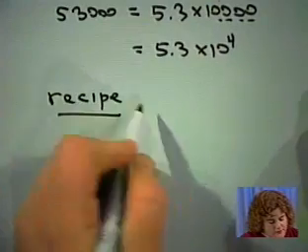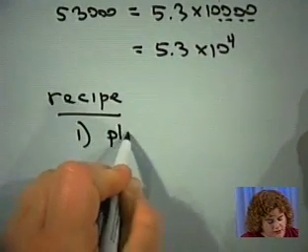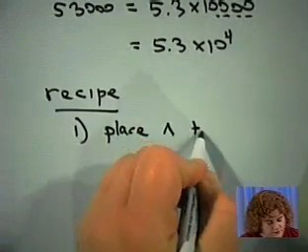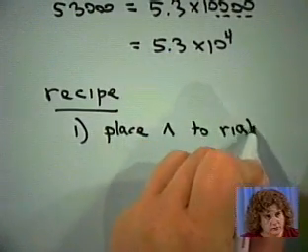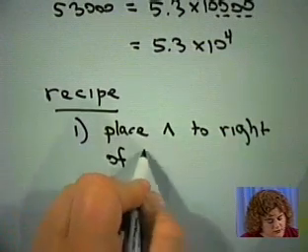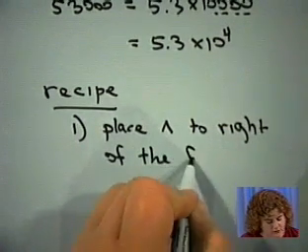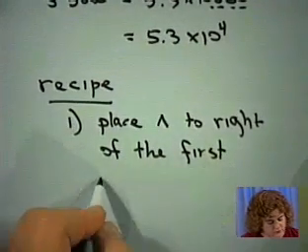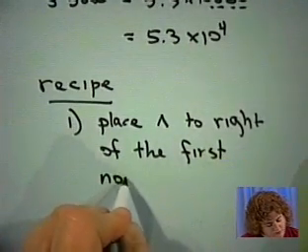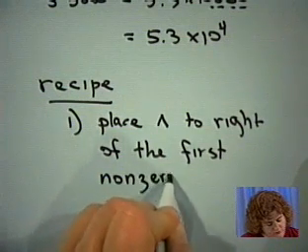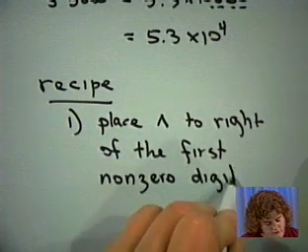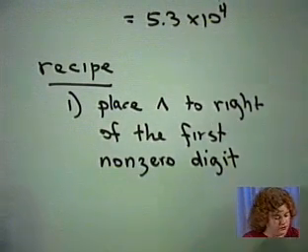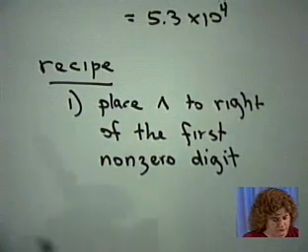Our recipe is going to be, first of all, to place a caret to the right of the first non-zero digit we see. So the first digit that's not 0. So looking again at the 53,000 and the 2 millionths.